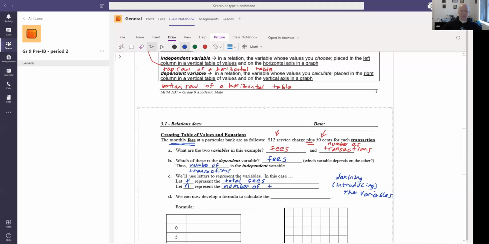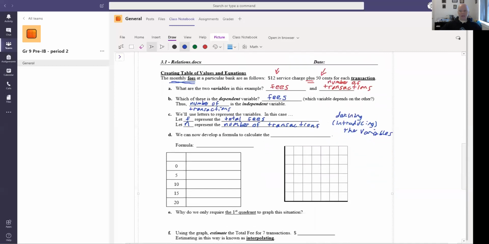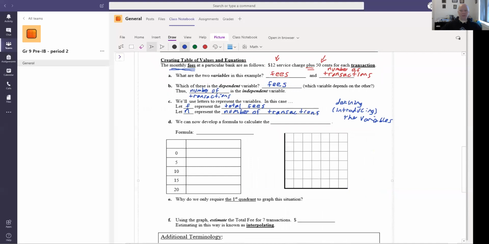So when you're introducing your variables, you can't just say it's transactions, because we need to know it's the number of transactions. That's a very key thing that you're going to have to abide by. It's number of transactions, not just transactions, because we're dealing with numbers here, okay?